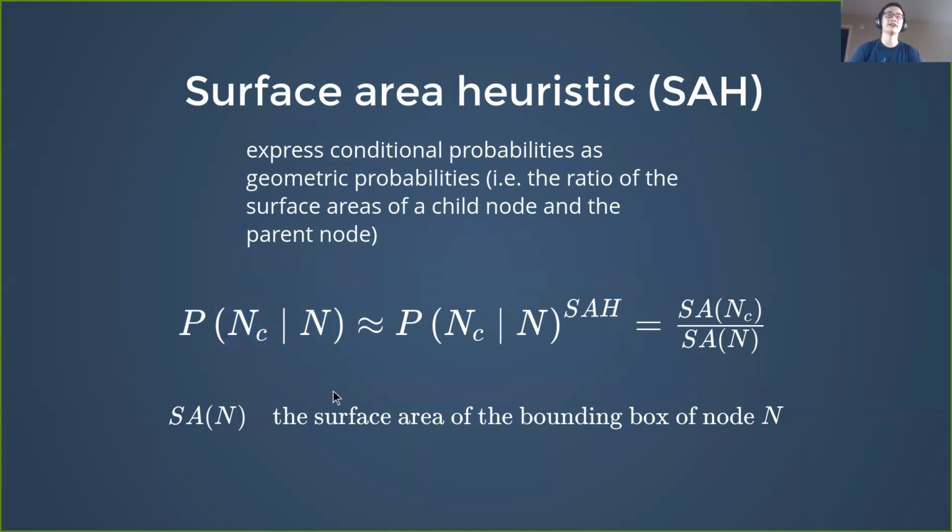We can use the surface area heuristic, which states that the ratio of the surface area of that child node to the surface area of the parent node is proportional to the probability that we go into this particular child.